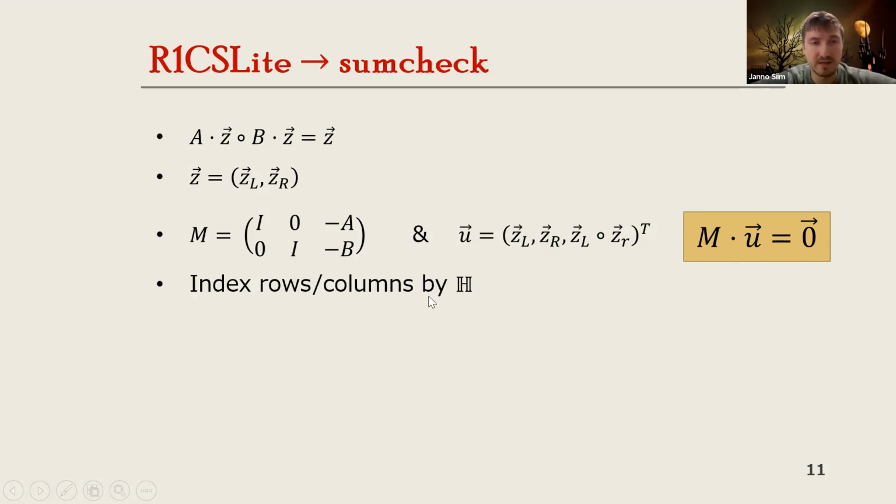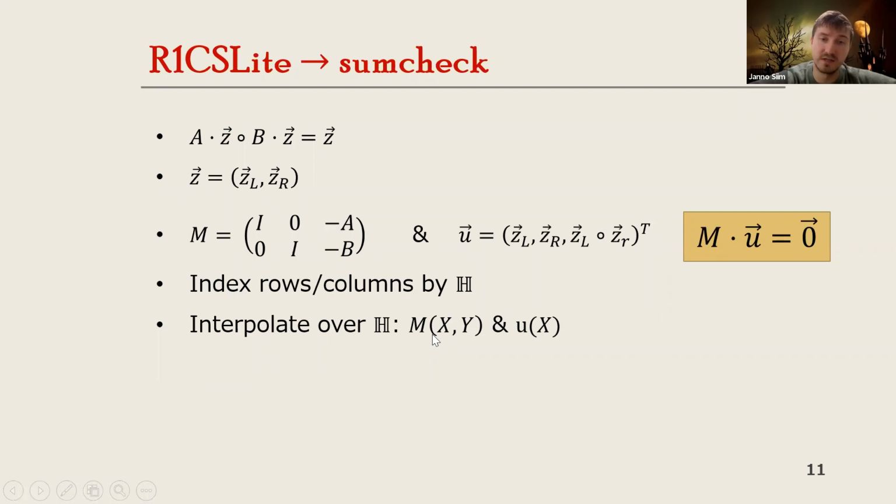Now, we index the rows and columns by some set H, and then we can interpolate M and u over this set H, such that we get two polynomials, M(x,y) and u(x). And then we can represent this matrix-vector product in a polynomial form as follows.